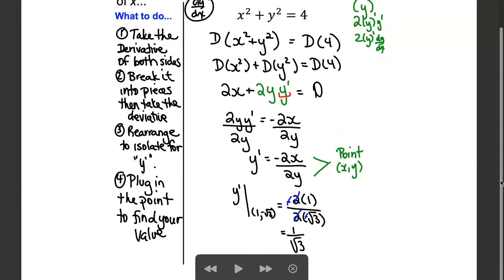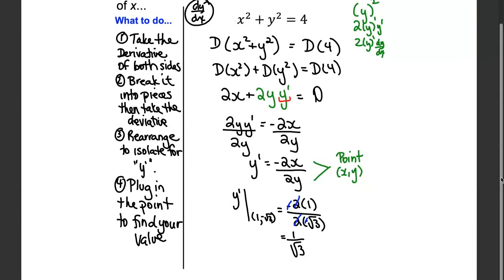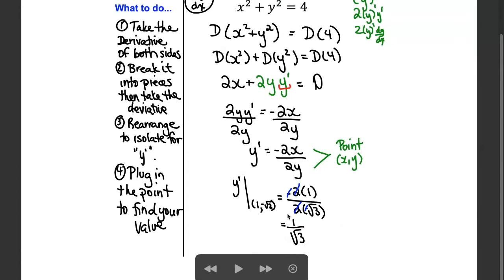So now if I want to calculate the slope of the tangent at the point 1, negative root 3, all I have to do is plug in the x and the y of my point into my derivative function. So when I plug that in, I end up getting 1 over root 3, or root 3 over 3, which is what I found when I did it the other way.